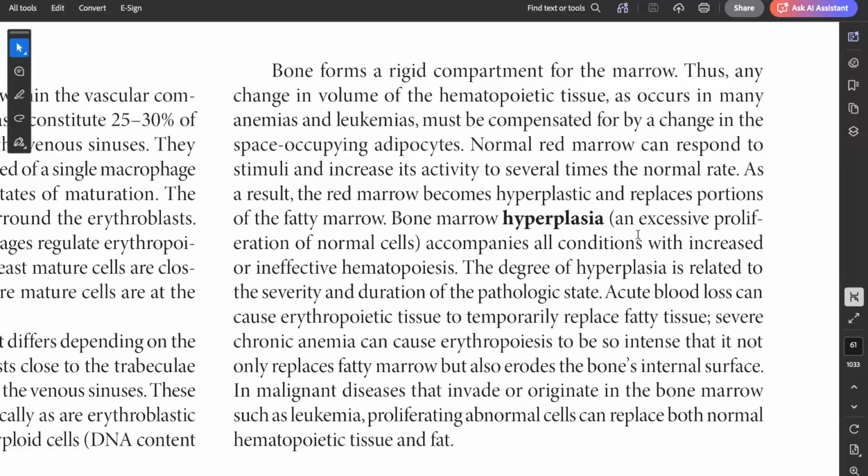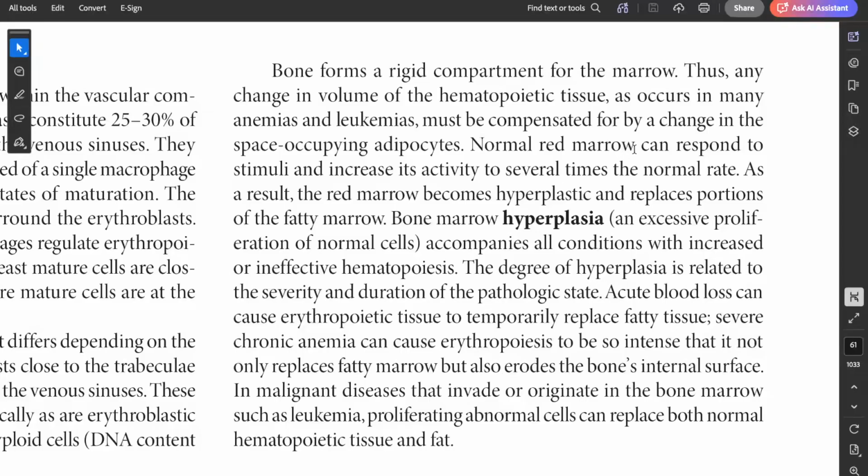Bone forms a rigid compartment for the marrow. Thus, any change in the volume of hematopoietic tissue, as occurs in many anemias and leukemias, must be compensated for by a change in the space occupied by adipocytes.